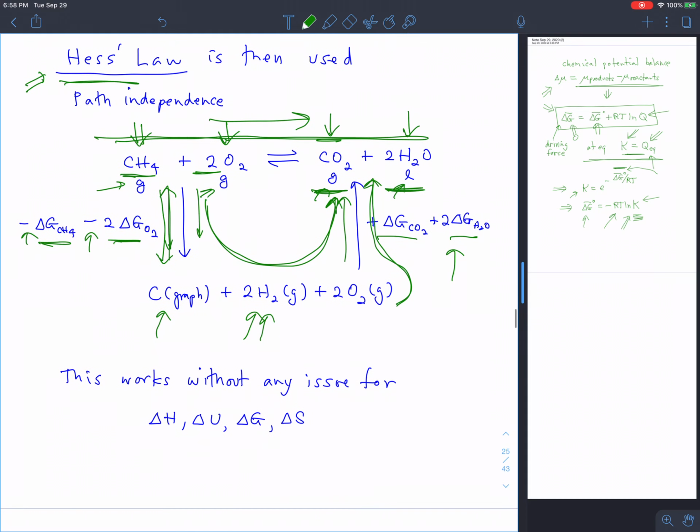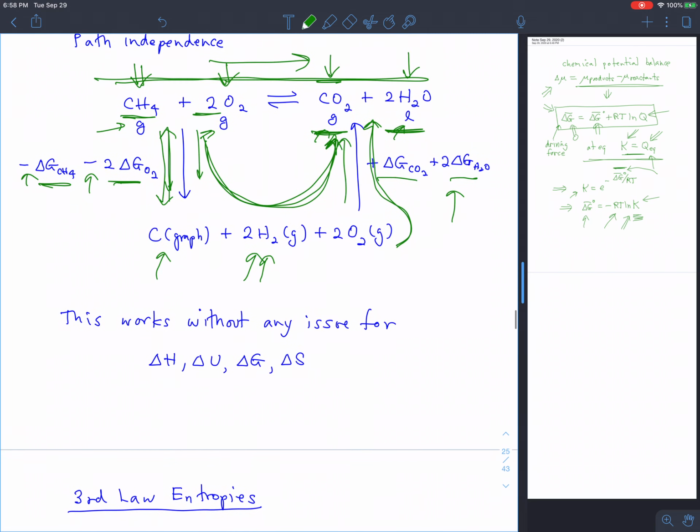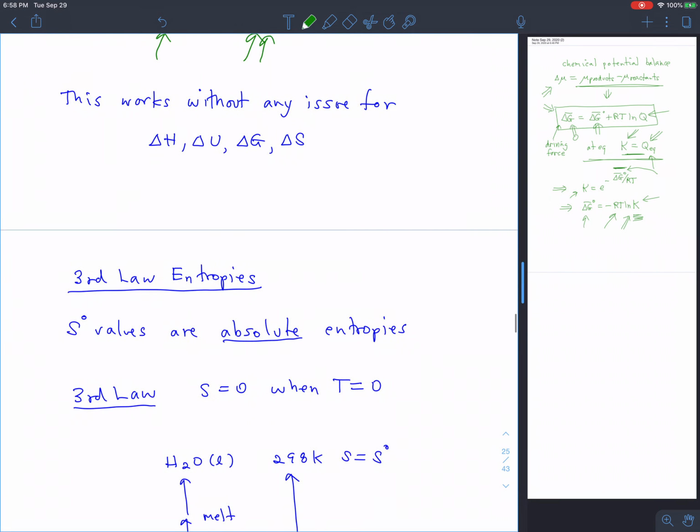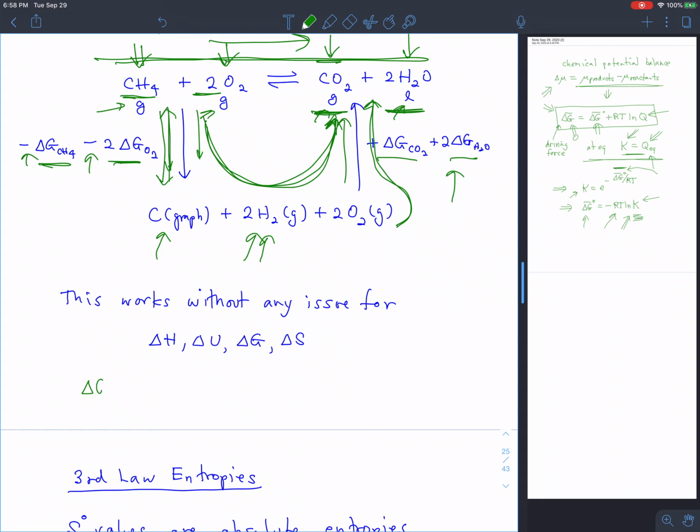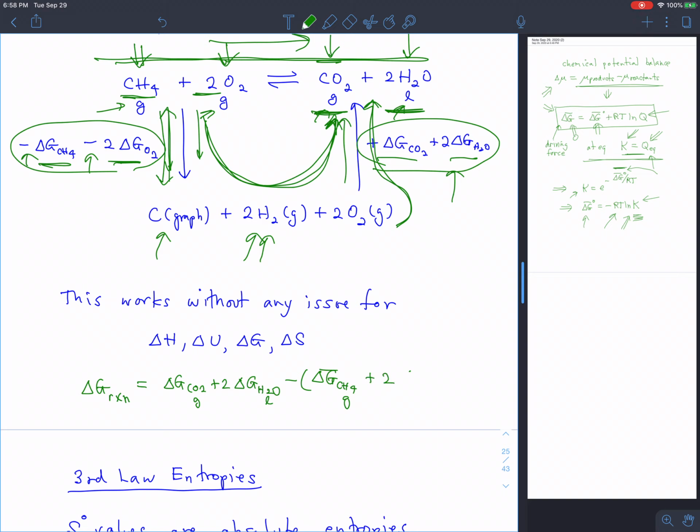And the net result is that if we take the whole result, then the delta G overall is equal to, let me see, I didn't write it down here, let me write it down. Delta G for reaction would then be equal to this guy, delta G CO2 plus 2 delta G H2O, and this is gas, this is liquid, minus this guy, which is delta G CH4 gas plus 2 delta G O2 gas, right?